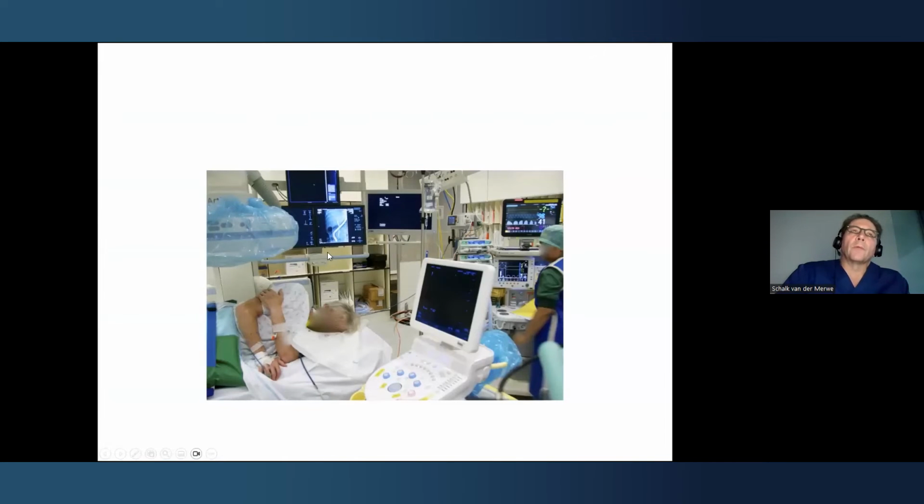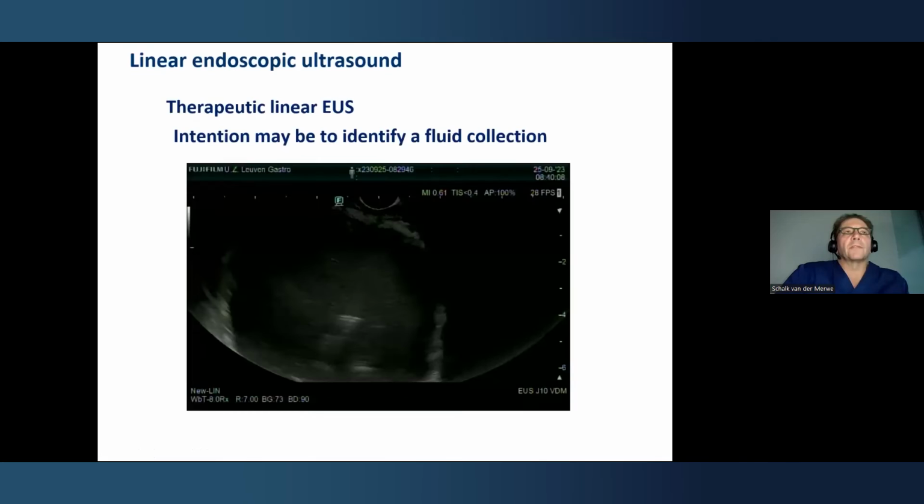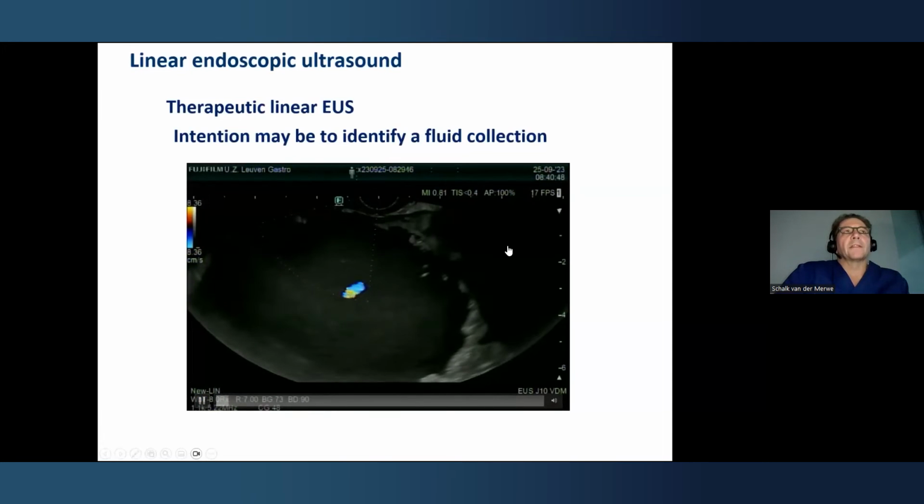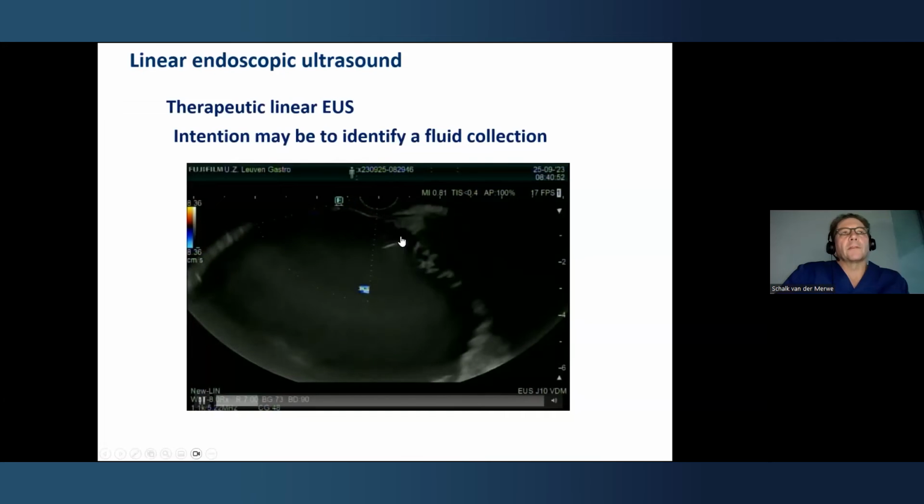Very often we would perform therapeutic EUS in dedicated endoscopic suites, where not only EUS is available, but also careful management under anesthesia, and also the use of fluoroscopy, because these procedures are often combined, and there is a need to do this in specialized units. In this case, the most common use of therapeutic linear endoscopy is for the drainage of fluid collections.